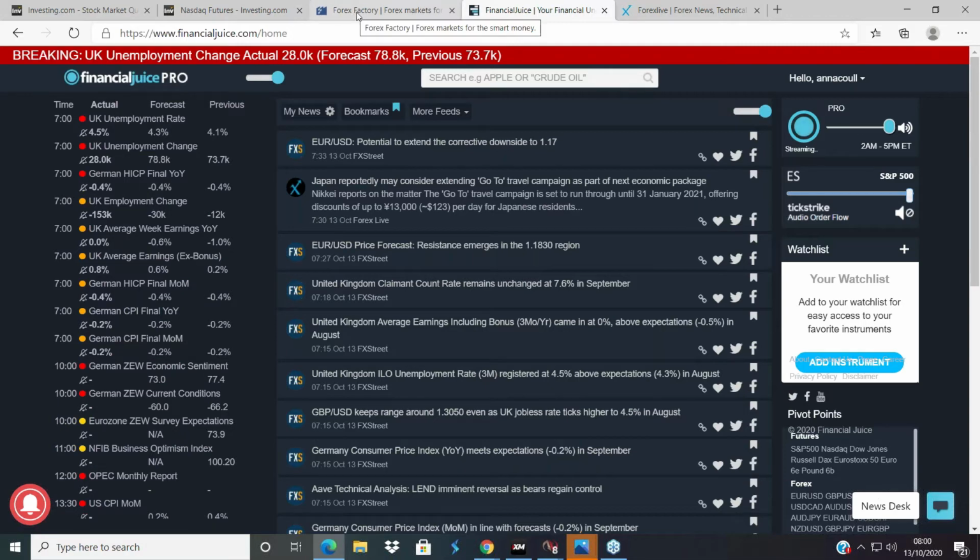Investing.com have a nice calendar, but unless you've got a Bloomberg or a Reuters terminal, not all the calendars that are certainly available for independent traders, sometimes they miss things and what have you. So it's just nice to have more than one. And Financial Juice sits between the two, if you like. I don't think it's very expensive.